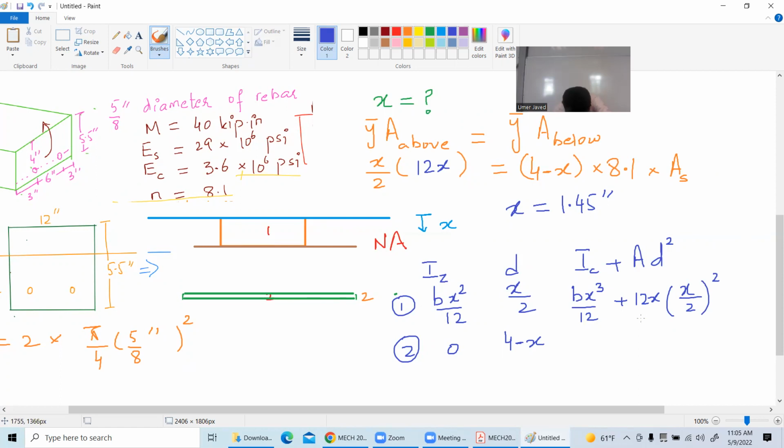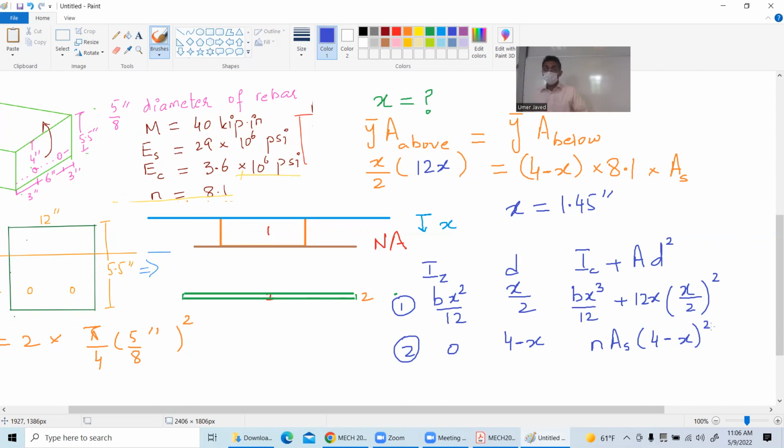So this one is A into 4 minus x square. Okay. John, the IC, the polar moment of inertia. No, not polar moment of inertia.